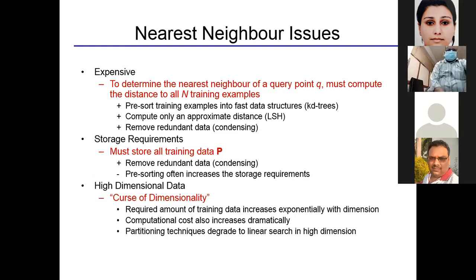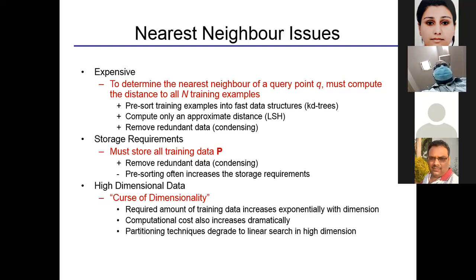There are many issues because it's an expensive process. It is expensive because you have to do lots of comparisons. If you want to find the nearest neighbor for a particular query q, there must be computation over n training examples. The q point is compared with all the points and the distance is calculated.